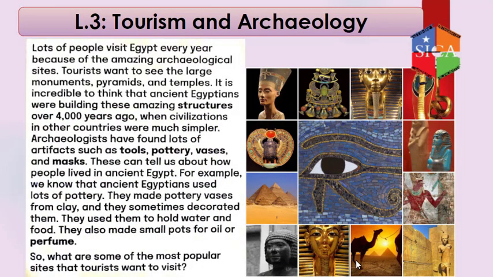So now, let's move to our reading text about tourism and archaeology. Lots of people visit Egypt every year because of the amazing archaeological sites. Tourists want to see the large monuments, pyramids, and temples.